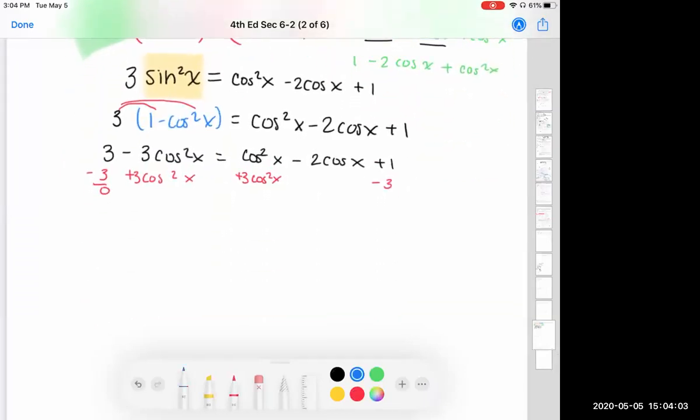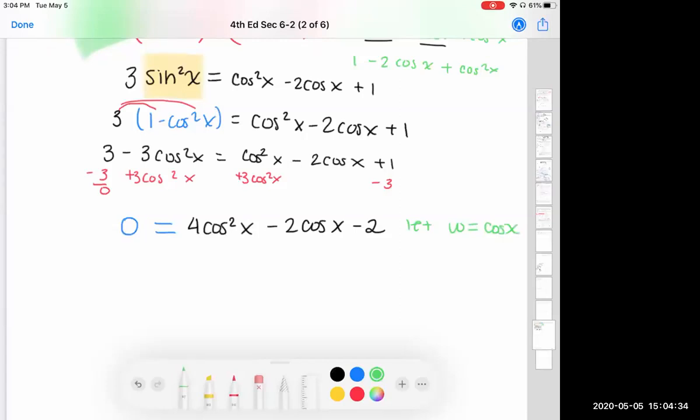And now we're left with 0 is equal to 4 cosine squared x minus 2 cosine x minus 2. All right, this is a good point to change it to w's if you want to. So let w equal cosine of x.